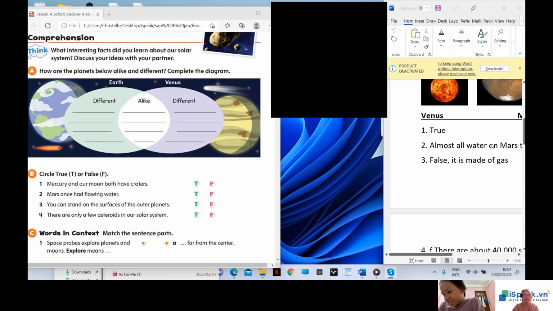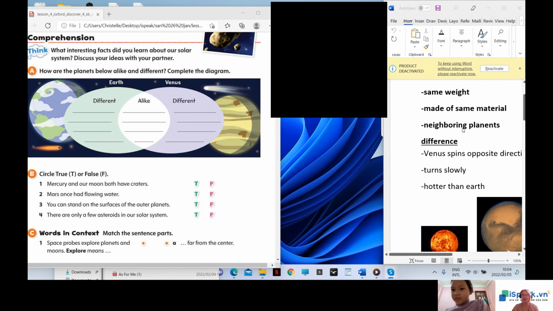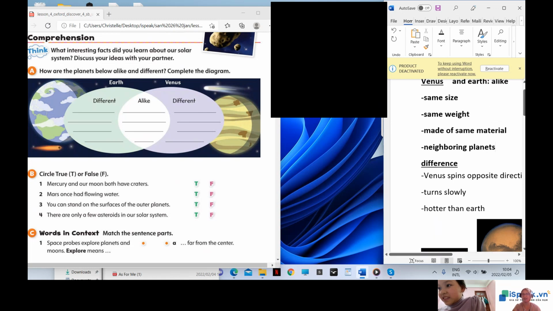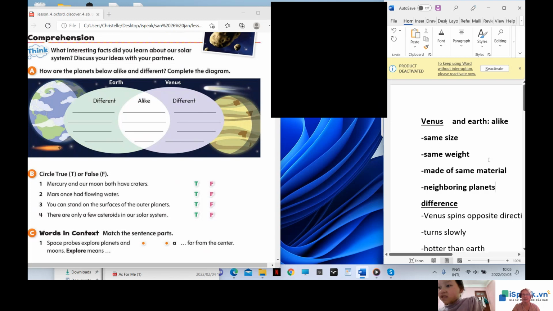Where is Venus and where is Earth? Venus and Earth are together. Yes, Venus and Earth are neighbors. So let's just quickly look at this. There I've said the same size, same weight, made of the same material and neighboring planets.